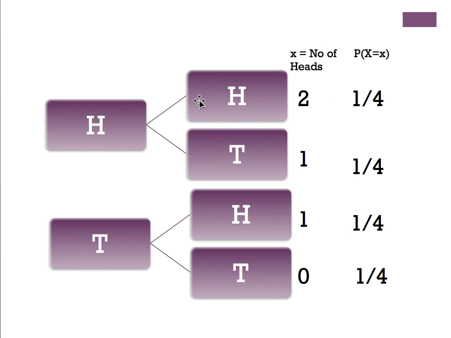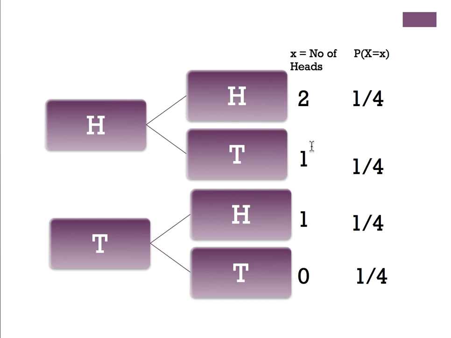Looking at this tree diagram, we have a total of four possible outcomes: head, head, head, tail, tail, head, and tail, tail. And since we are after the number of heads, we have here 2 as the value of the random variable because we have 2 heads in this outcome.